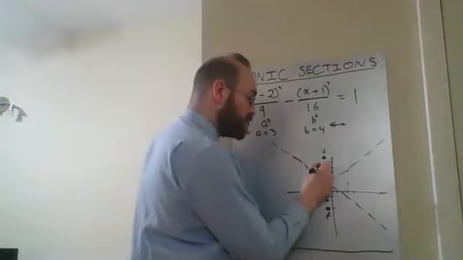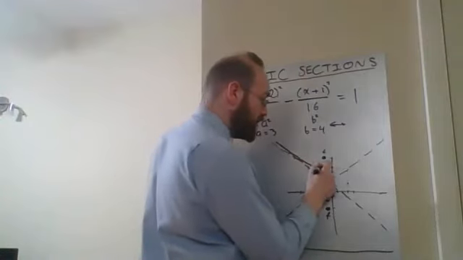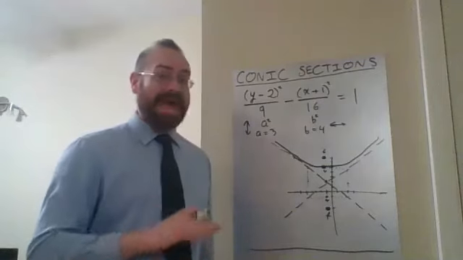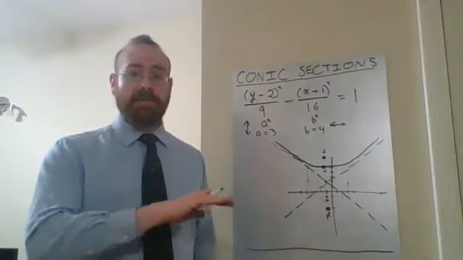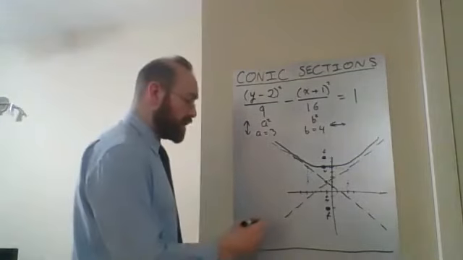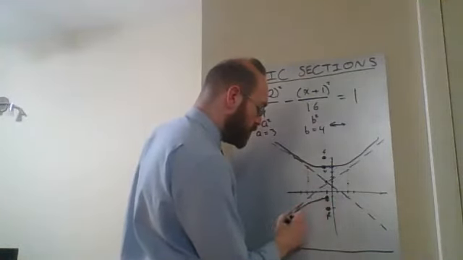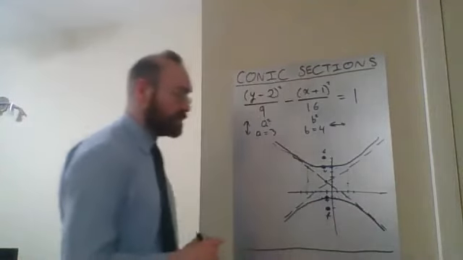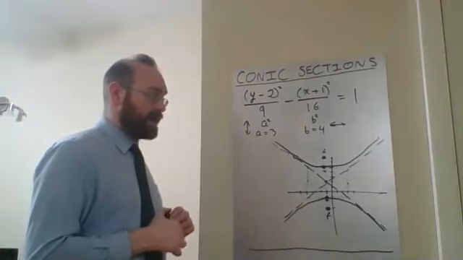I start at the vertex, and then I curl around to the left, and I curl around to the right. I'm not passing the edge of the box. I'm not passing the asymptotes. I'm using them as a guide to draw the branch. So again, on the bottom, I'm going to start and curl along the asymptote, and then in the other direction, curl along the asymptote. And that really wraps up graphing our hyperbola.